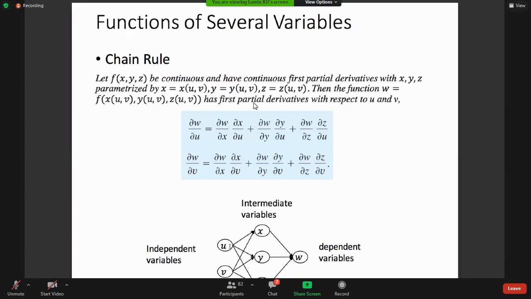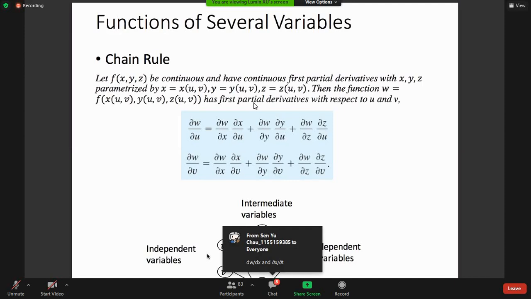So if there are more than one independent variables, for example, u and v, we should use the partial, because the definition is just like that.